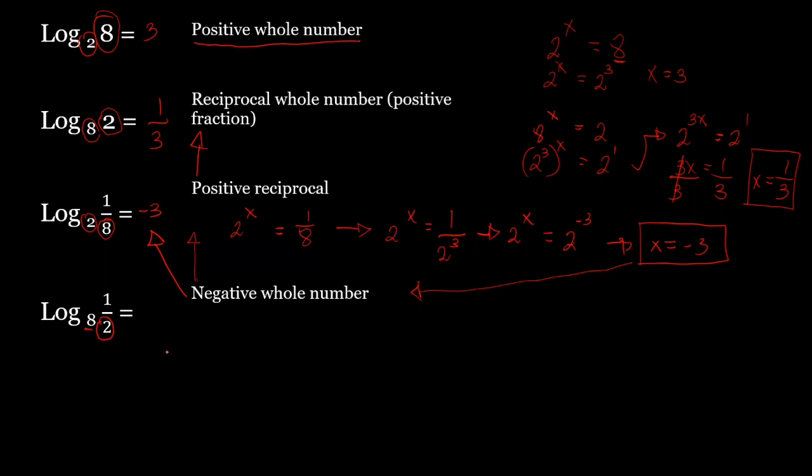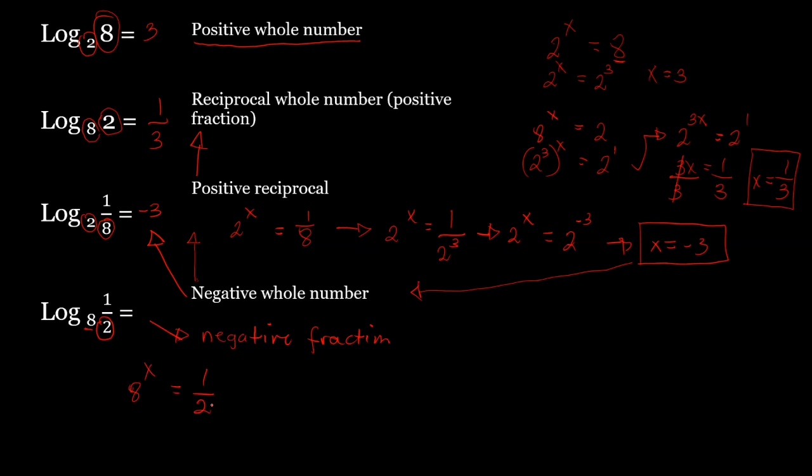Ibig sabihin, the answer here that you're going to expect is a negative fraction. So, paano natin makukuha ito? Same lang din sa pagkuha natin sa mga nauna nating logarithm. Therefore, we are going to convert or transform this into exponential form. So, the base is 8, the exponent is x, is equal to 1/2.